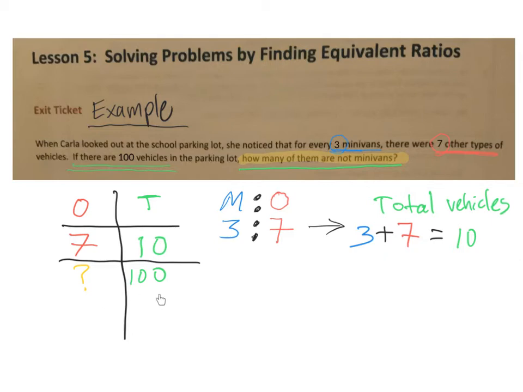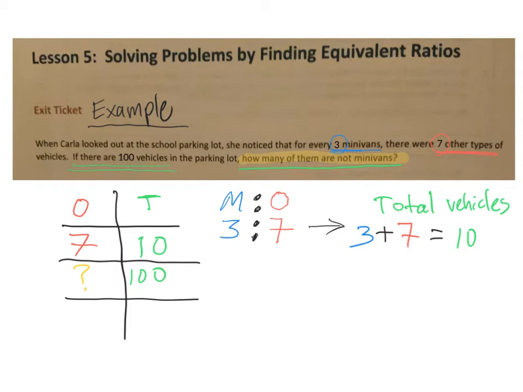So now that we have everything like this, we can go ahead and solve the way that we usually do, because this is just, again, another equivalent ratio table. It's nothing more than an equivalent ratio table, and it is missing one side. And so we just have to solve for that side, and we can do it the same way that we always do.